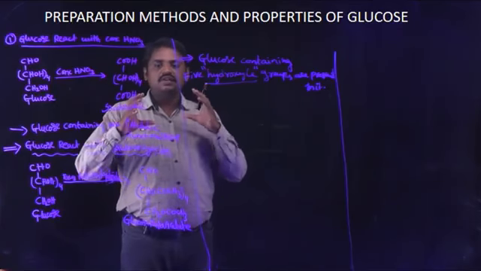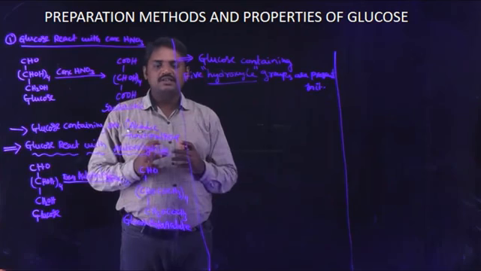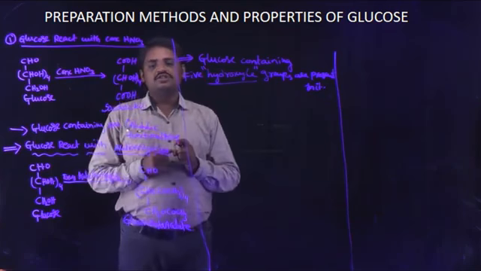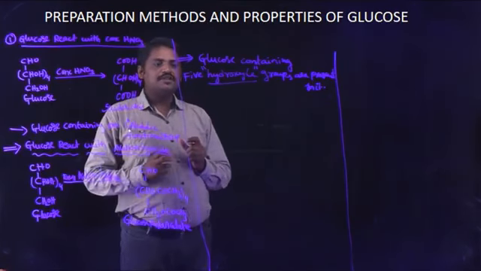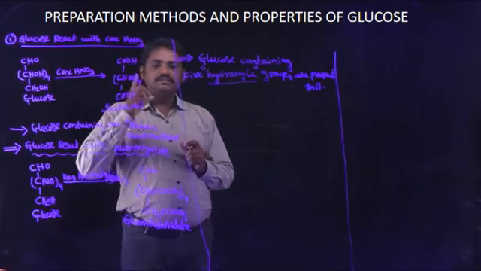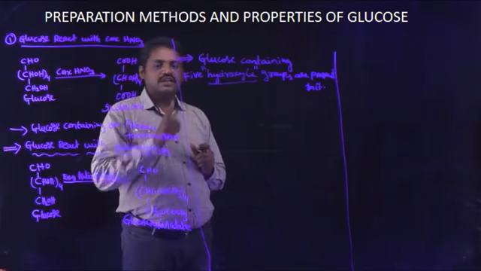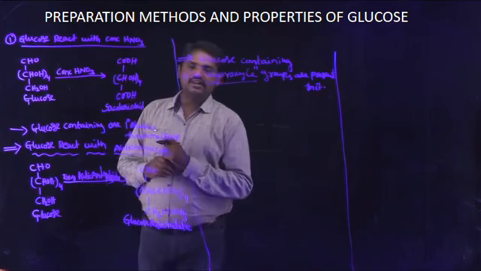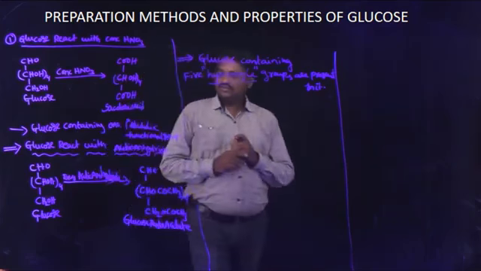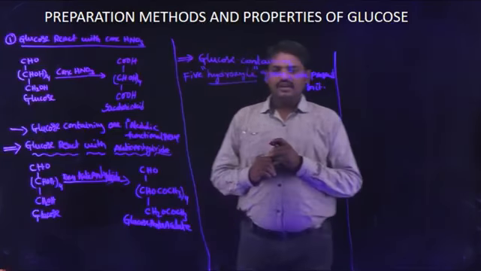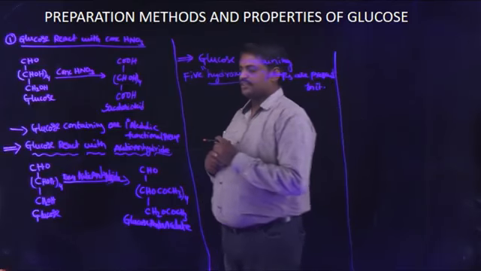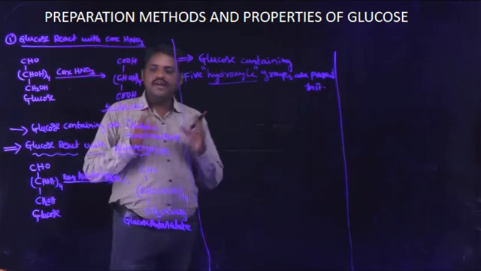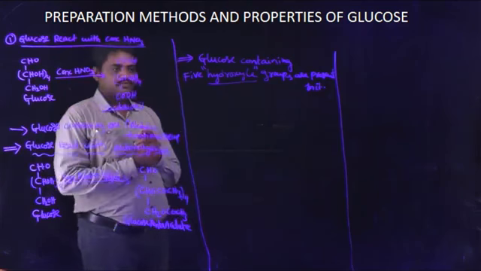Such products are formed, where 5 acetyl groups are connected in this molecule. This reaction is based on glucose containing 5 hydroxyl groups, and it is used to identify them.